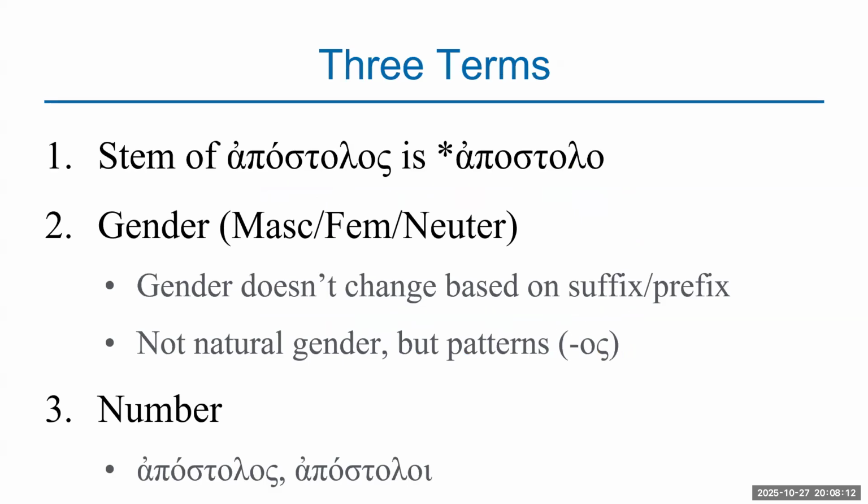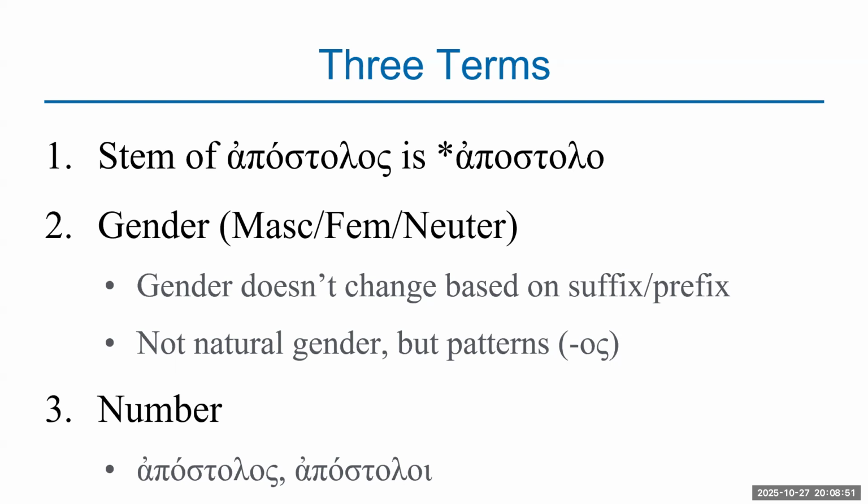So the stem of a Greek noun, for instance, the stem of apostolos is apostolo or apostola, really. That sigma on the end is what clues you in to what case it is, which is the nominative case. So you have gender, right? Words are masculine, feminine, or neuter. That doesn't change as the case changes. And then you have number.